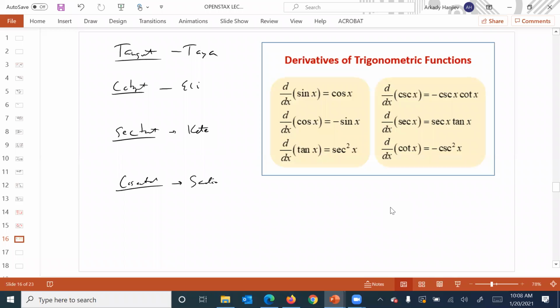All right, so the derivatives of the trig functions here are given right there. So we've done sine, we've done cosine, we've done these two here. So the derivative of tangent is secant squared. That's kind of fun. See what happens there. Cotangent is negative cosecant squared. So you got the little square thing happening again.